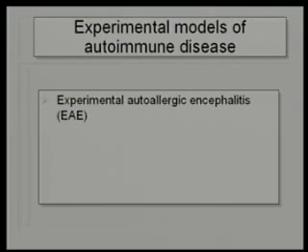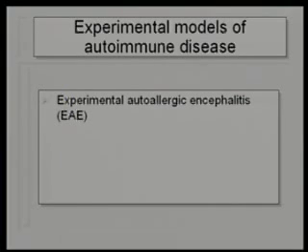If you remember, there are experimental models of autoallergic encephalitis, where myelin protein is injected in Freund's adjuvant. Remember the word adjuvant: that is any substance that can increase the immunogenicity of a particular molecule. Freund's adjuvant is a particular formulation, an oil emulsion.